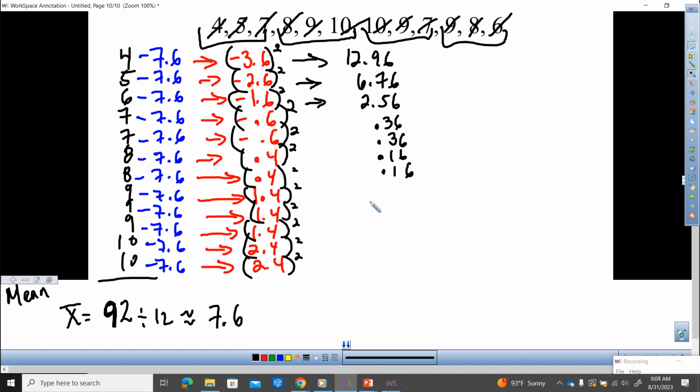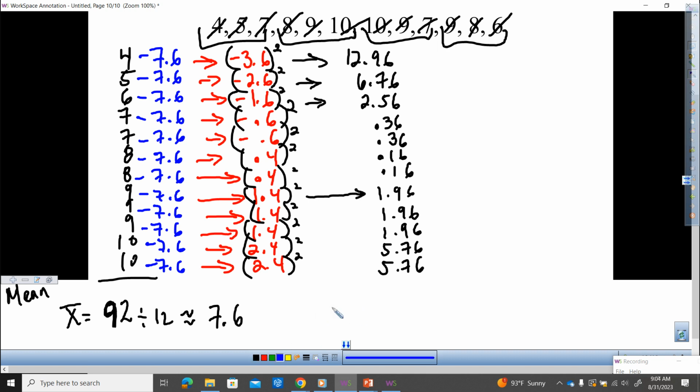So far, so good, yes? 1.4 squared, that should be 1.96, 3 times. And 2.4 squared, what'd you get for 2.4 squared, Georgia? 5.76 twice.